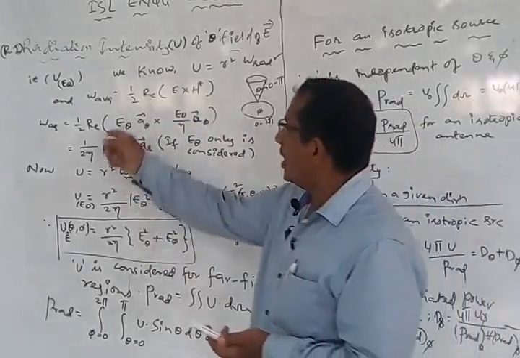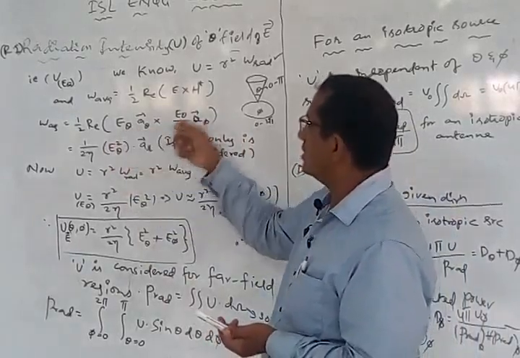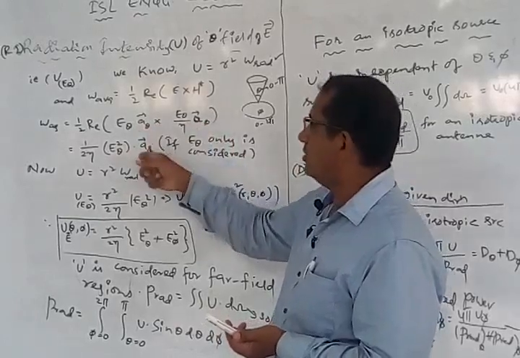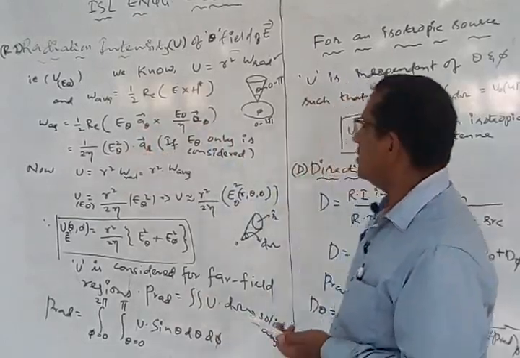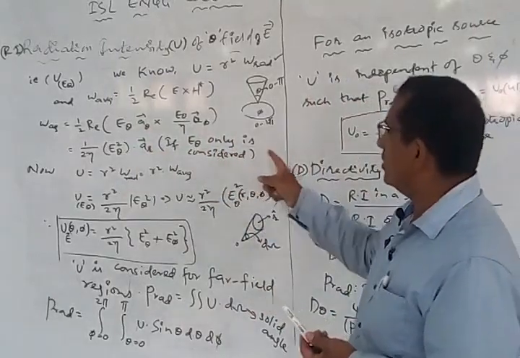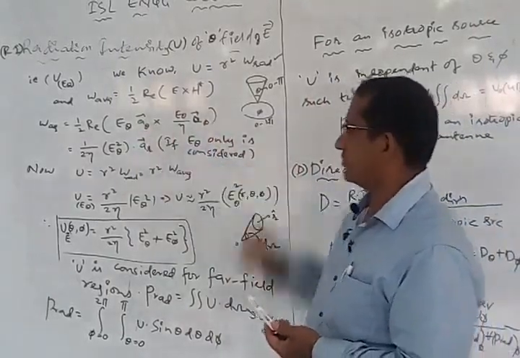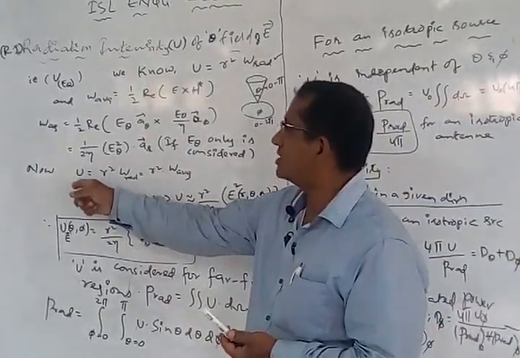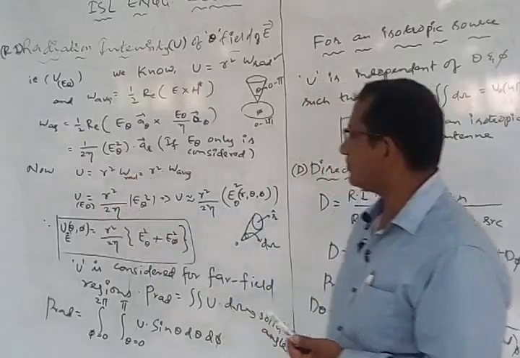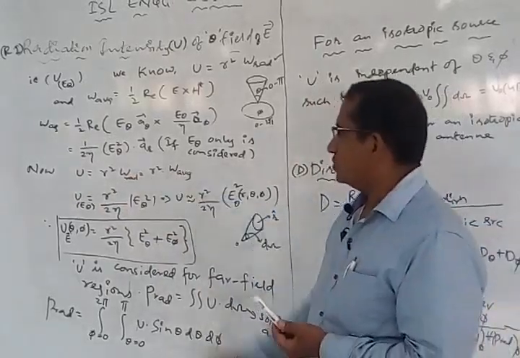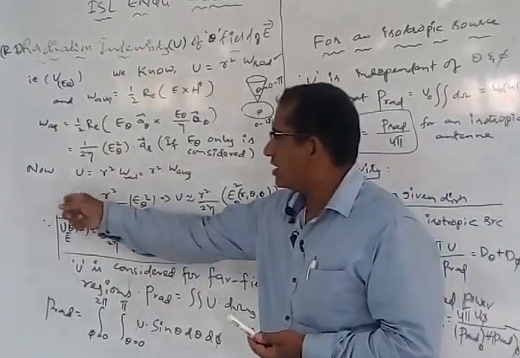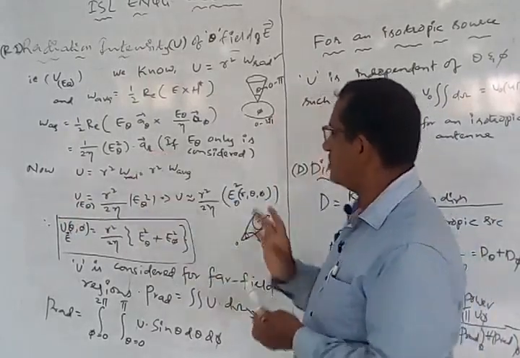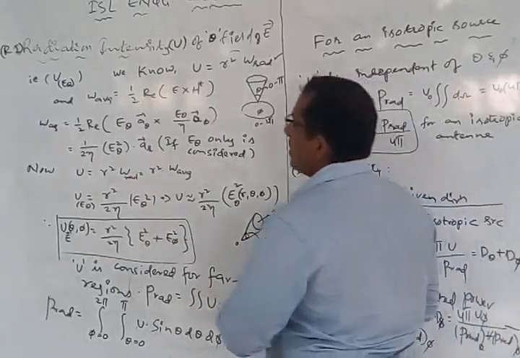Now what can I write this as? E theta into E theta is E theta square. A theta cross A phi is nothing but equal to A R, right? If only E theta is considered here, I have written this equation. Thereby I can now write the radiation intensity U is equal to R square times the average power.